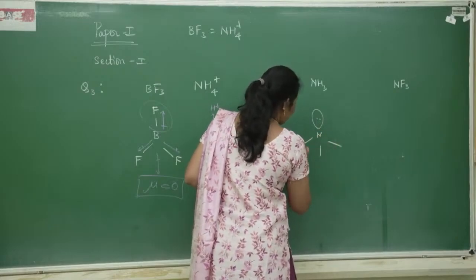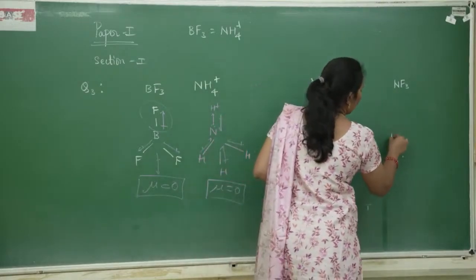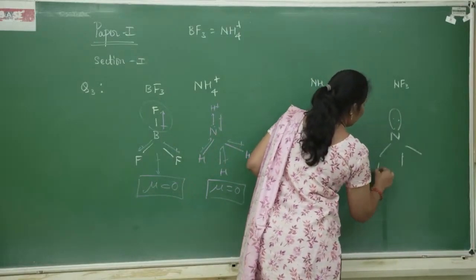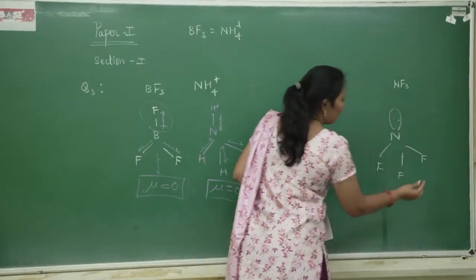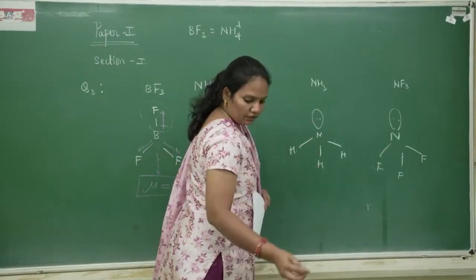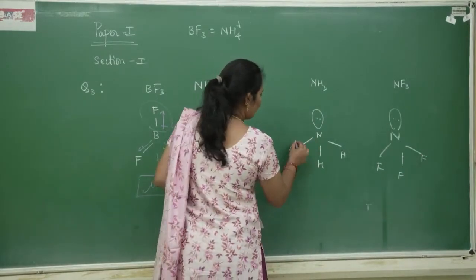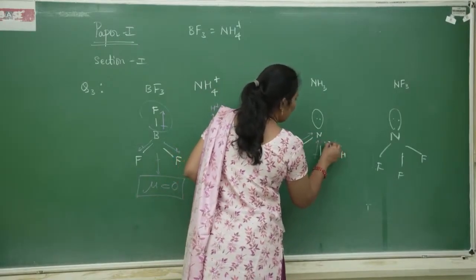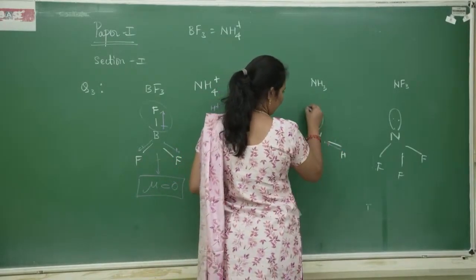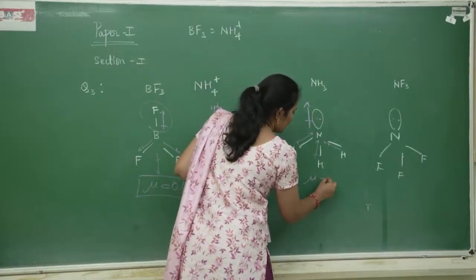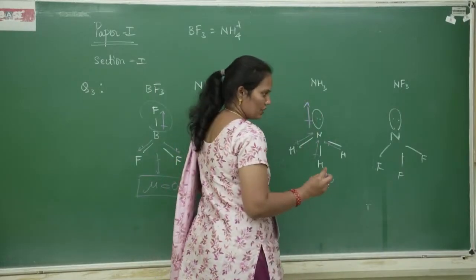So you have H, H and H. Now you have nitrogen as the central atom and you have one lone pair here, F, F and F. If you mark the dipole moments, you know that among nitrogen and hydrogen, nitrogen will be more electronegative, therefore the dipole moment will be like this. So all the dipole moments are getting added up. The resultant dipole moment will be like this. Therefore in this case dipole moment will not be equal to 0.